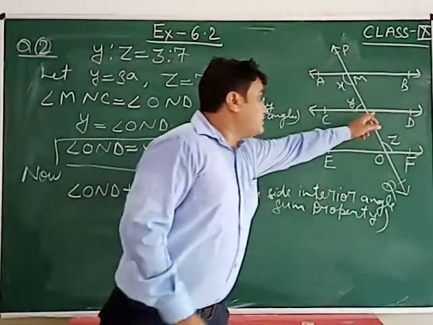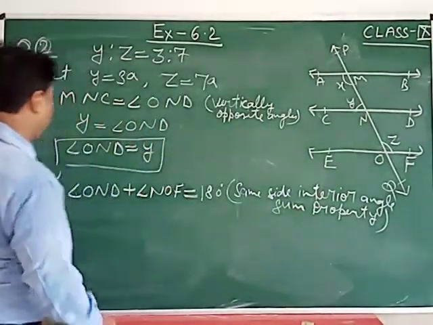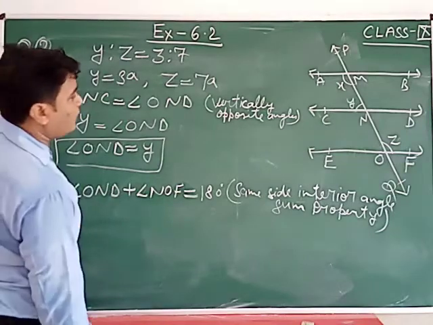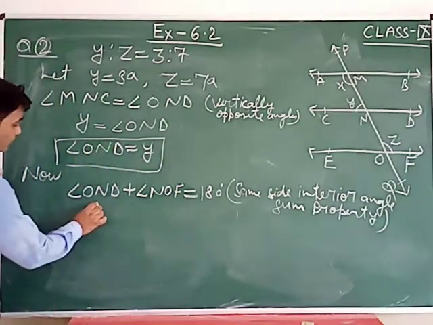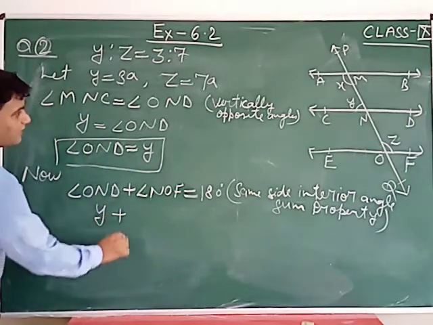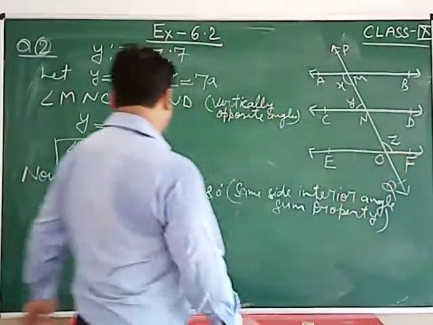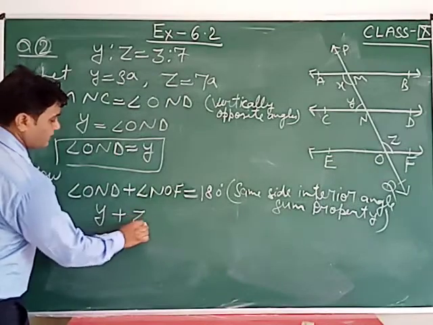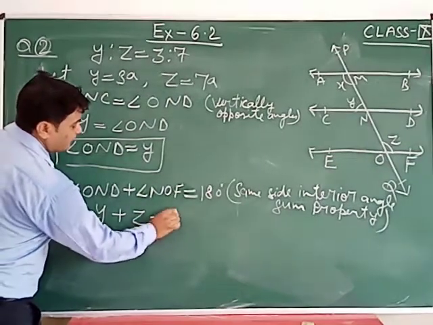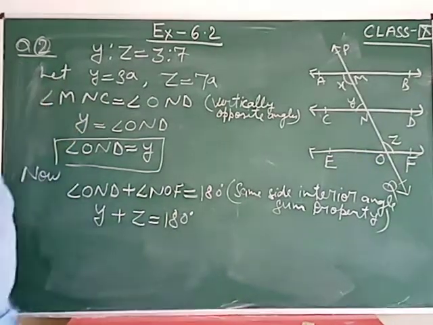OND is y, so put here y plus NOF. NOF is z. So y plus z equals 180 degrees.